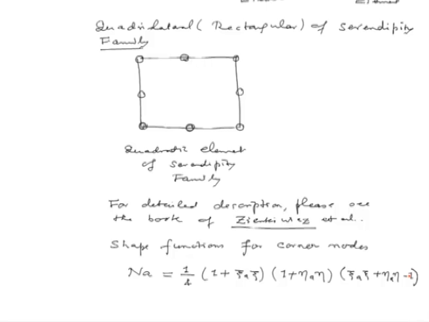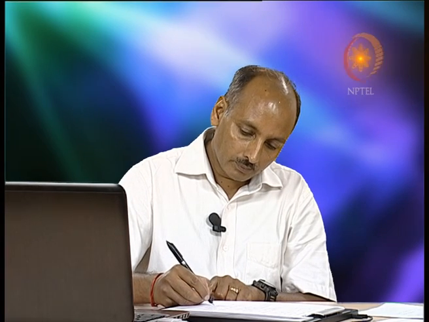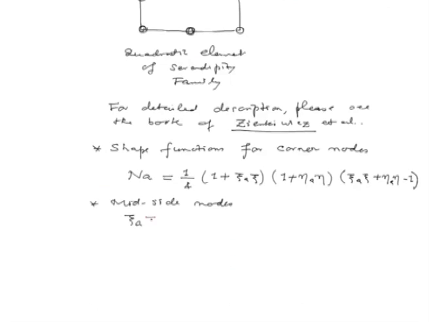And if we have mid side nodes, the nodes which are sitting at the centers of each of the sides, it is a slightly different version. If we have the node whose xi coordinate is 0, then the shape function is defined as 1 by 2 (1 minus xi square)(1 plus eta_a eta).